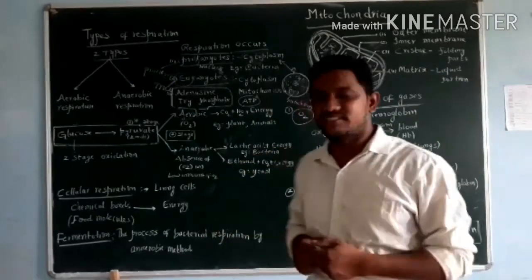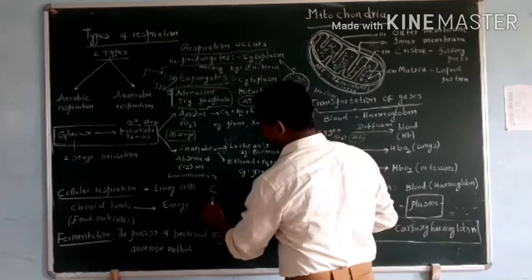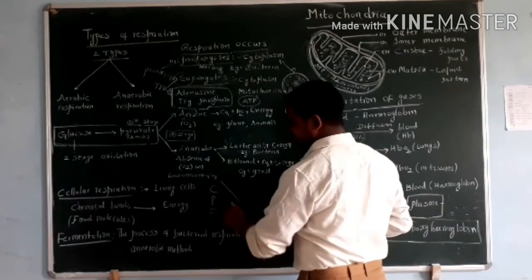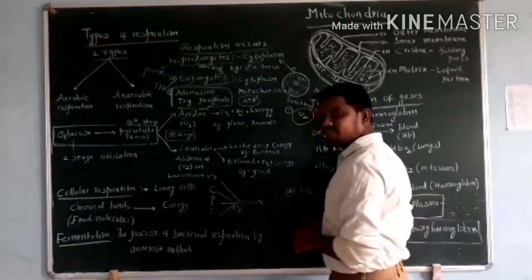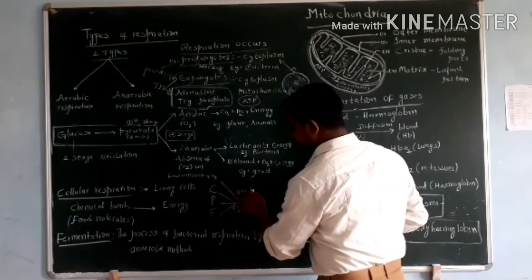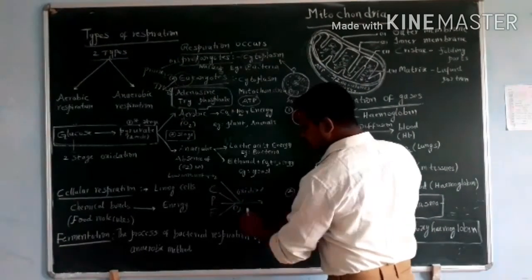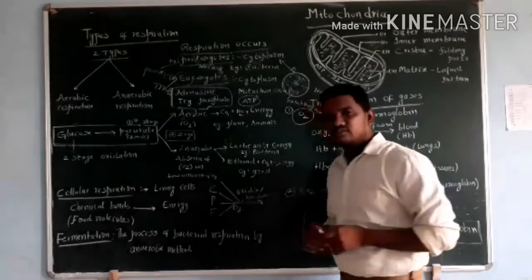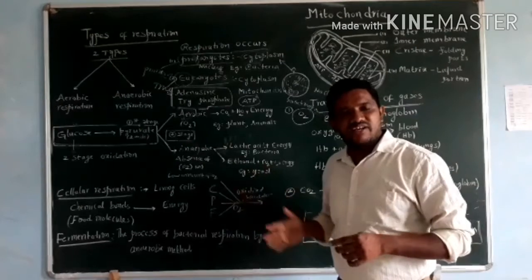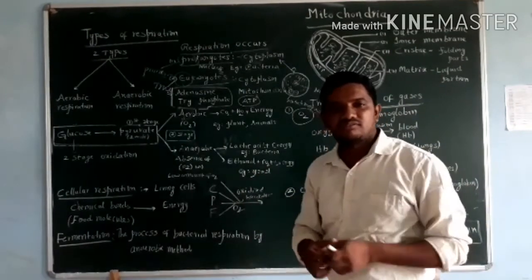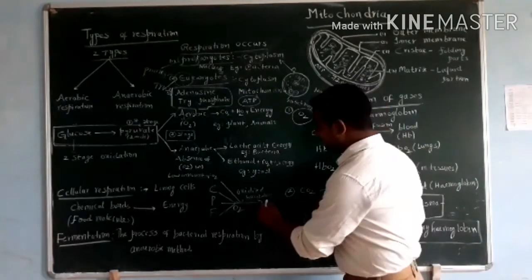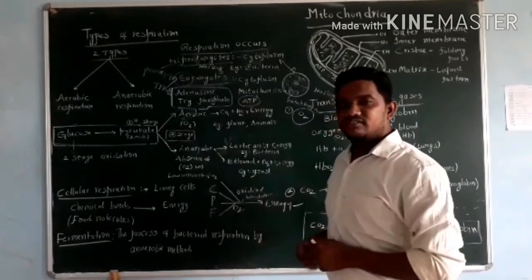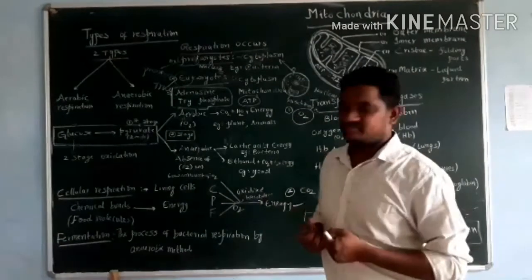Here oxidized means adding of oxygen to carbohydrates, proteins and fats, then what happens? They are oxidized or broken down. Carbohydrates, proteins, fats are broken down to release energy. This process is called respiration.